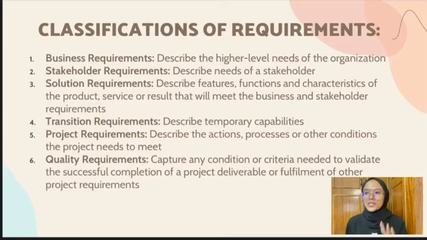The third one is solution requirements. Solution requirements describe features, functions, and characteristics of the product, service, or result that will meet the business and stakeholder requirements. Solution requirements are grouped into two groups, which are functional and non-functional requirements.